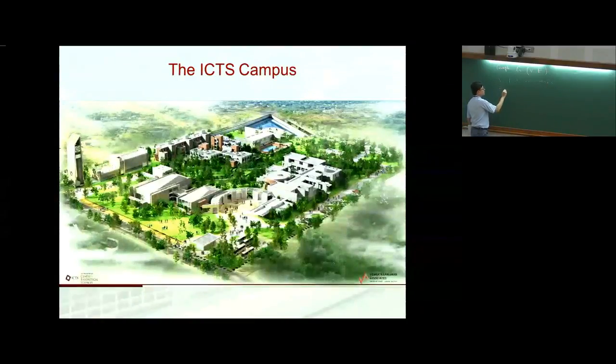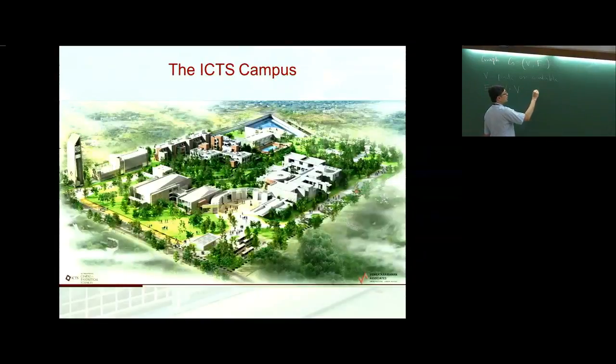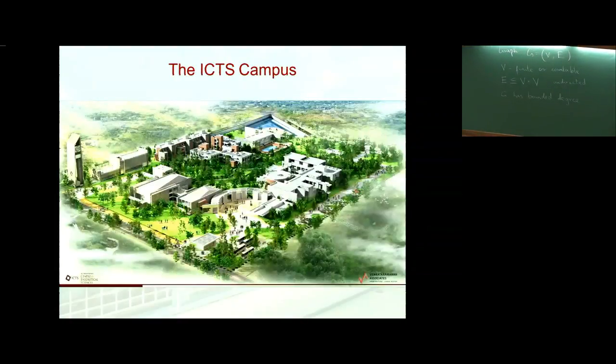And E is a collection of pairs of vertices called edges, and these are all going to be undirected. We are only going to be looking at bounded degree graphs. If the graph is finite, of course, the degree is necessarily bounded, but even in the countable case, we are only looking at bounded degree graphs.